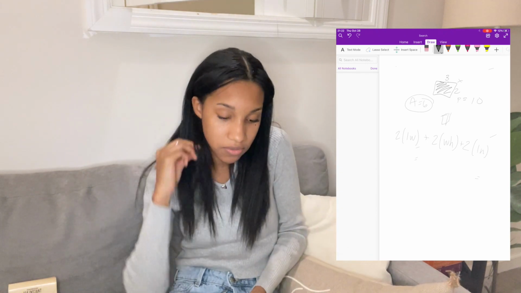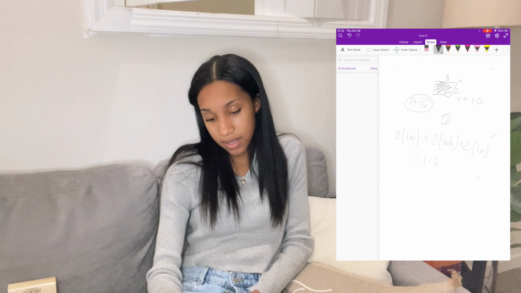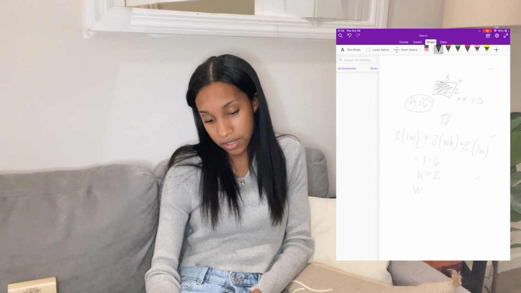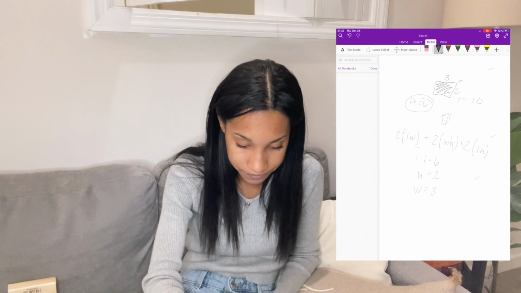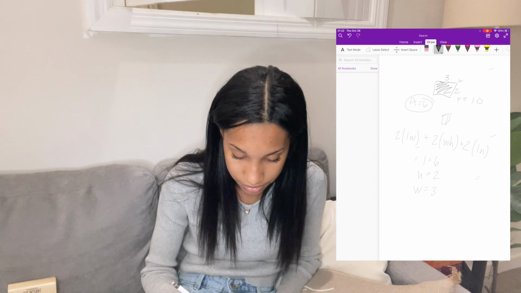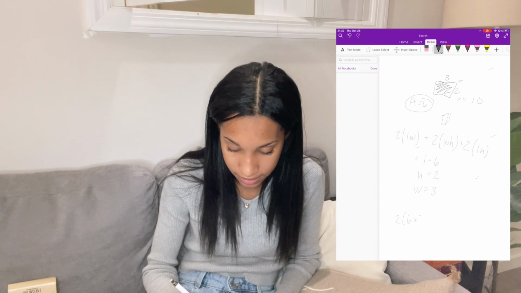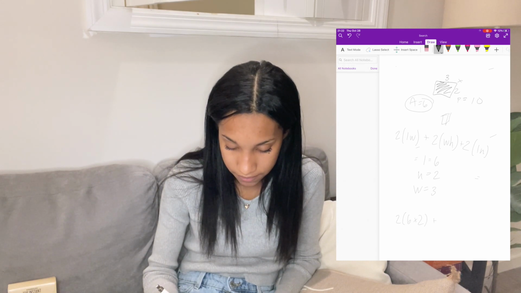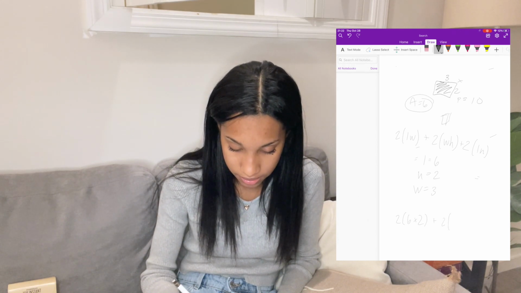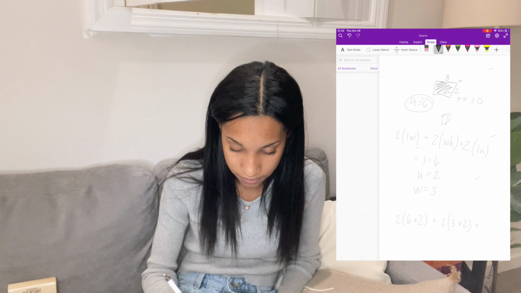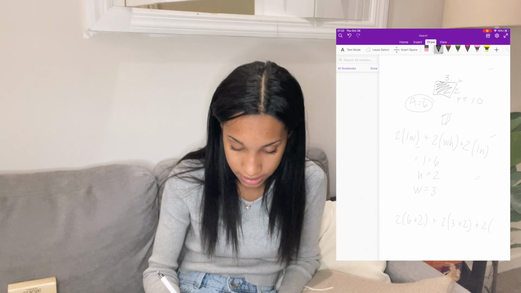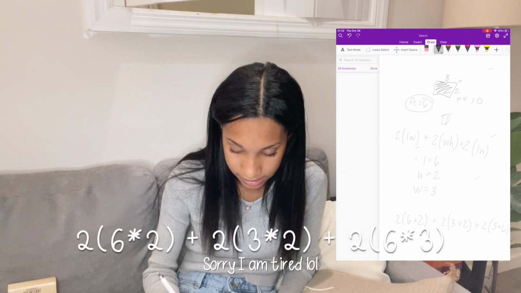So if it told you your length is equal to 6, your height is equal to 2, and your width is equal to 3, you would do 2 times 6 times 2 plus 2 times 3 times 2 plus 2 times 3 times 6.